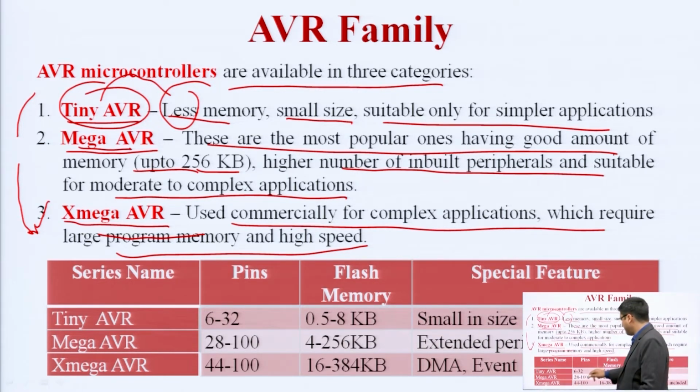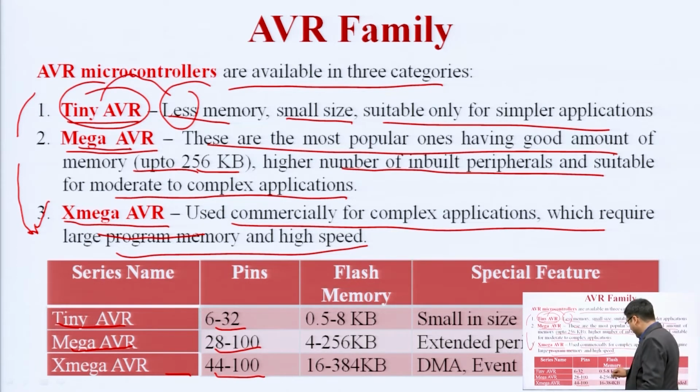This table represents the comparison between the different series of AVR. The first one is the tiny AVR, the second is the mega AVR, and the third is the XMega AVR. The number of pins available in tiny is 6 to 32. In mega, 28 to 100 input output pins are available, and XMega has 44 to 100 pins.